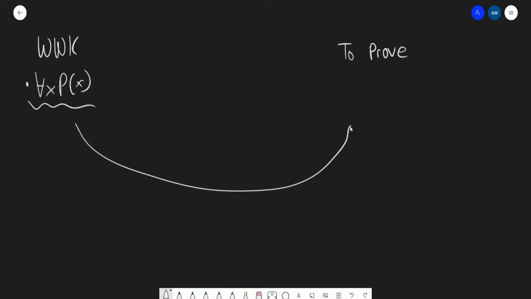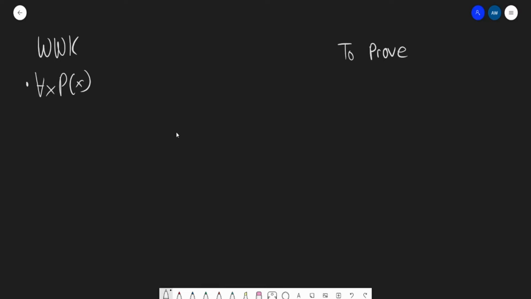So let's start with the for all quantifier on the left side. What are the ways in which we can use this as a resource in order to draw some connections or prove things? Well, here's one thing you can do. Try to read this statement out, see what it actually says. It means that for all x values, p of x is satisfied.